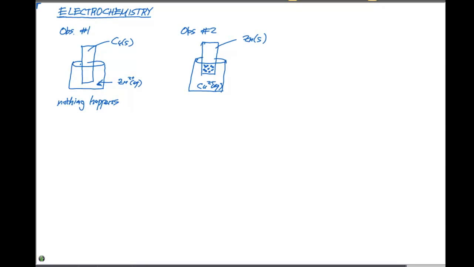And the more time we allow to go by, the more of these dots are going to start forming. And they start growing on the zinc metal.